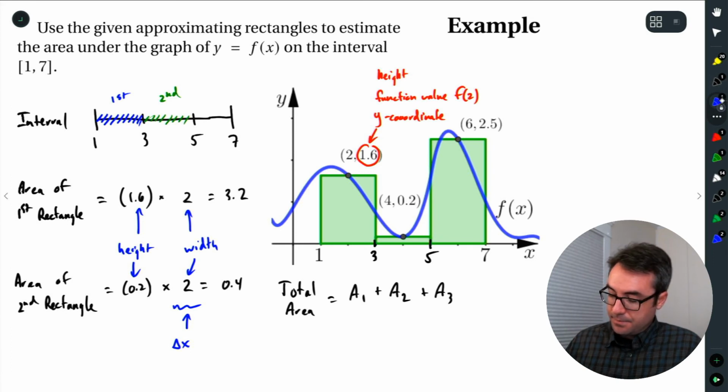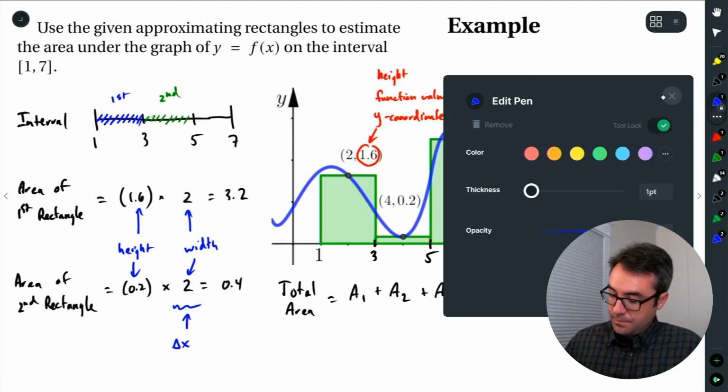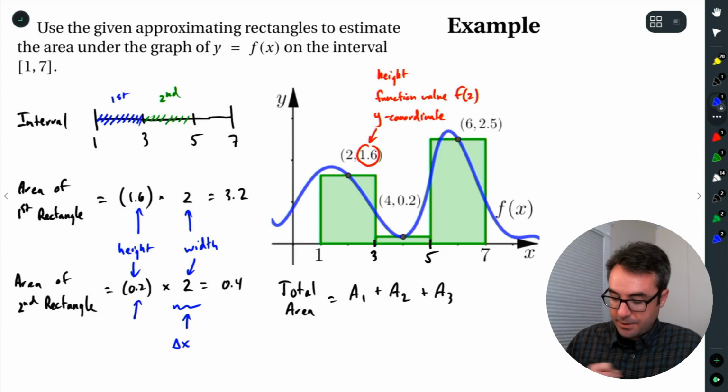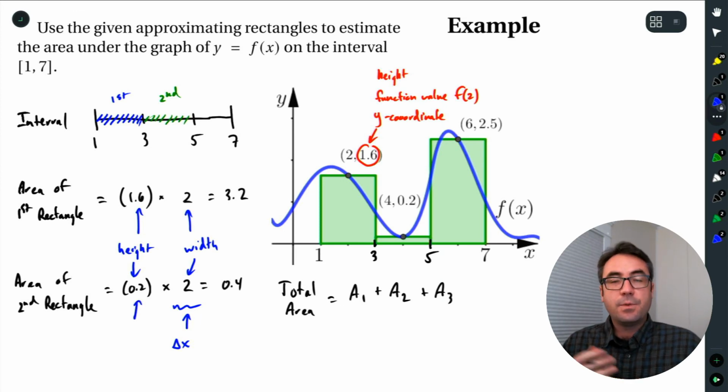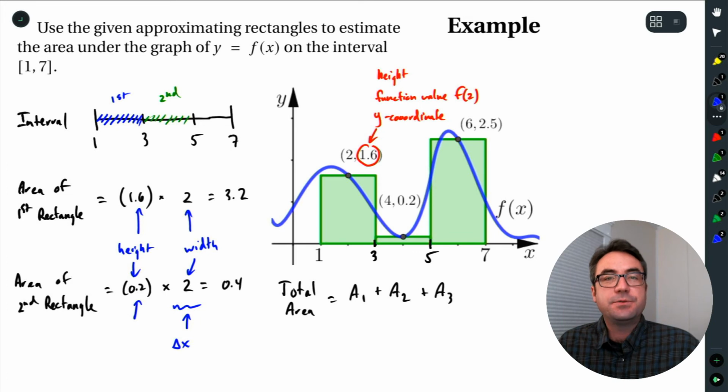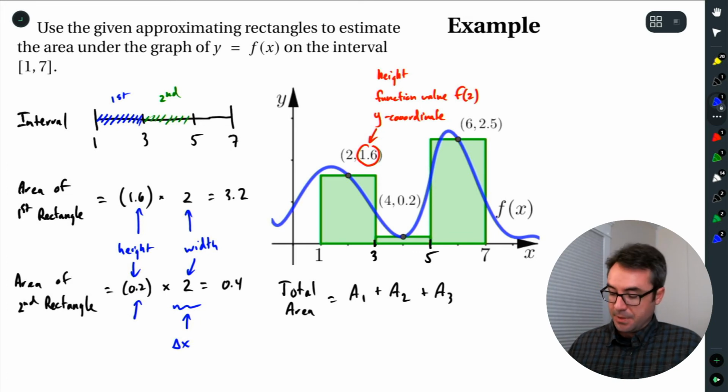And for our height here, if we wanted to write this using function notation, we could write this as f of 4. So this is our function value at x equals 4. So x is 4, our function value is 0.2, just like for f of 2, the function value was 1.6.